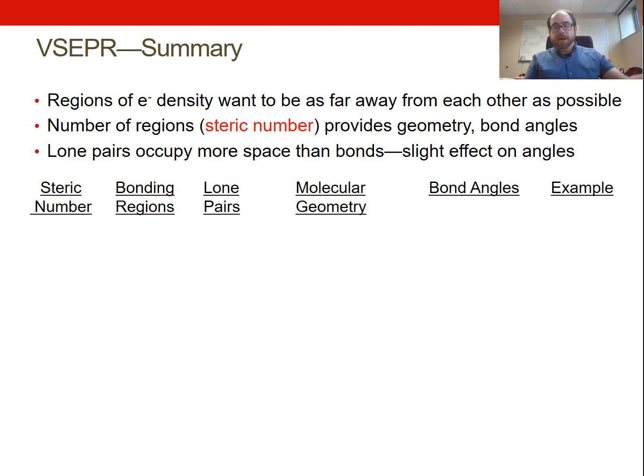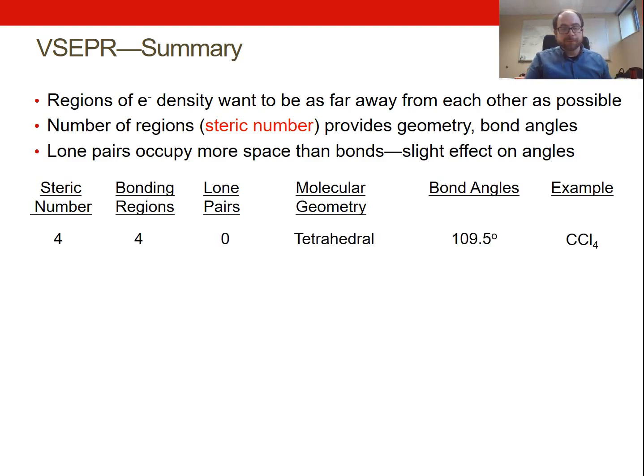Those numbers, which we sometimes refer to as the steric number, provide both the geometry and angles that we see with our molecule. Remember that the lone pair of electrons is going to modify that angle, and ultimately that lone pair occupies slightly more area than the bonding electrons. That's why we see a slight difference in the angles of those corresponding geometries.